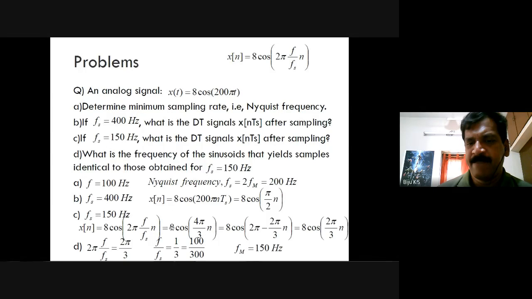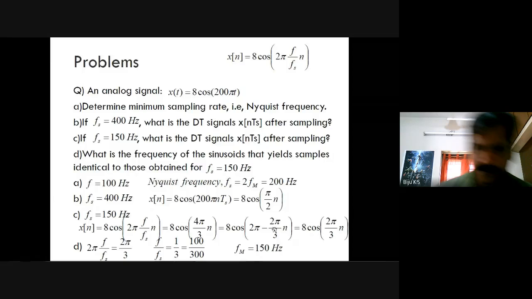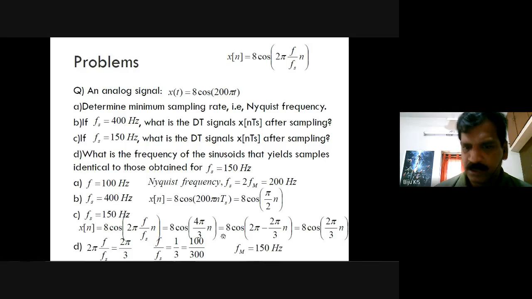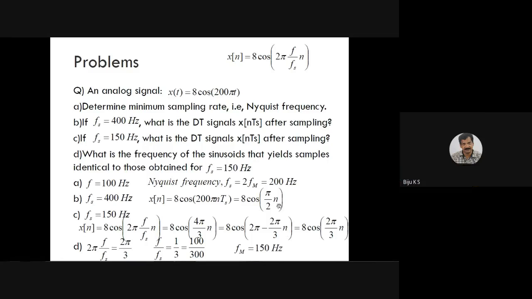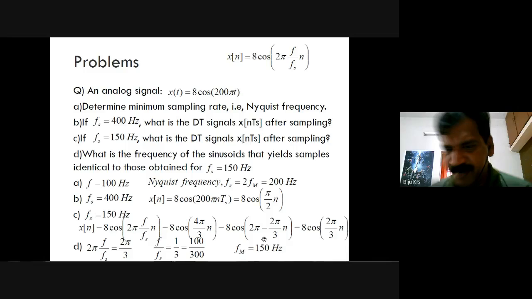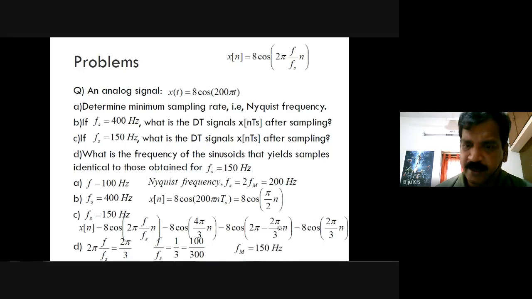And this signal can be replaced using cos of 2 pi minus an angle, which is the cos theta itself. So we take 2 pi minus 2 pi by 3, and combining these, 6 pi minus 2 pi, that is 6 minus 2 is 4 pi by 3.